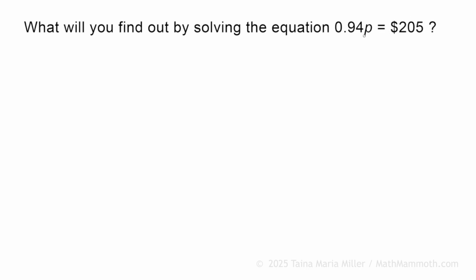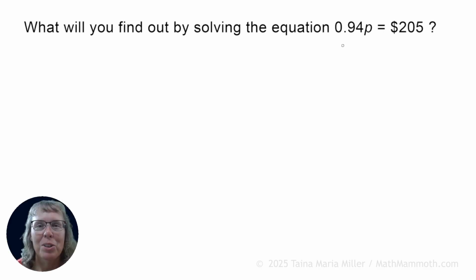So you will find out the original price. 0.94 means that the price got lowered. This multiplier here, or coefficient, is less than 1. This is actually a 6% discount. So you will find out the original price of some item after a 6% discount was applied, and the discounted price is $205.